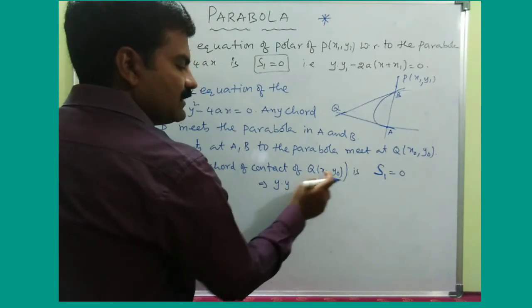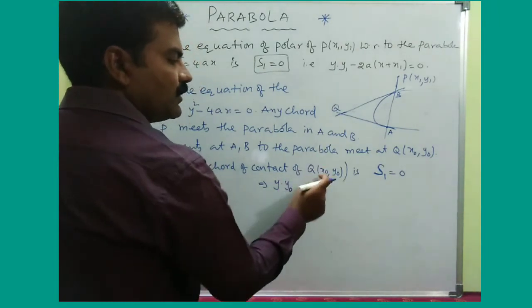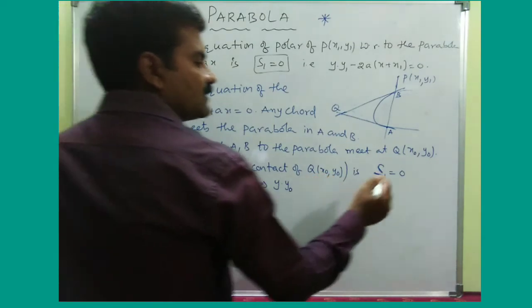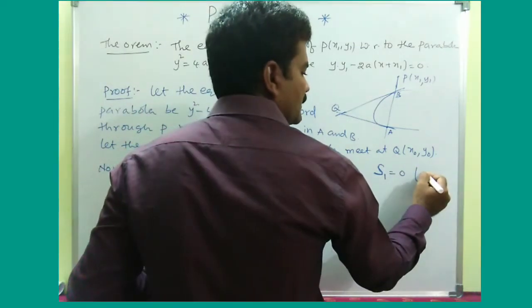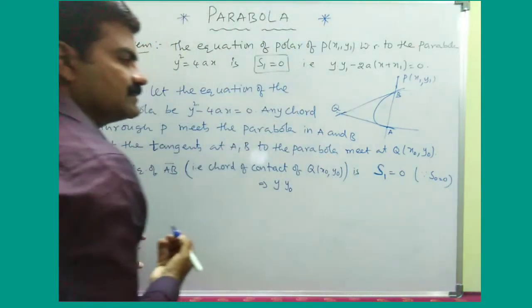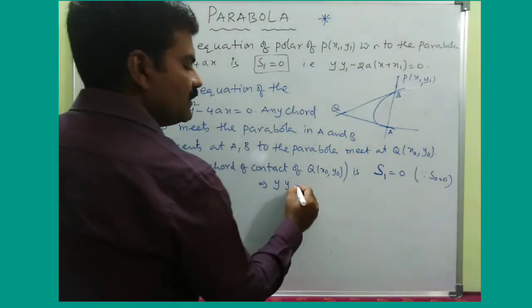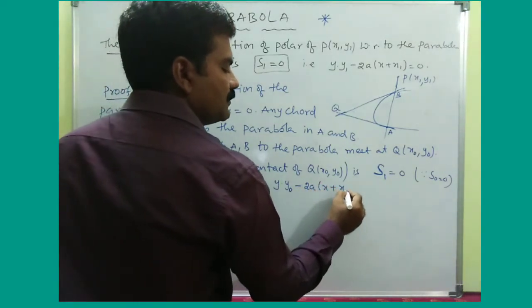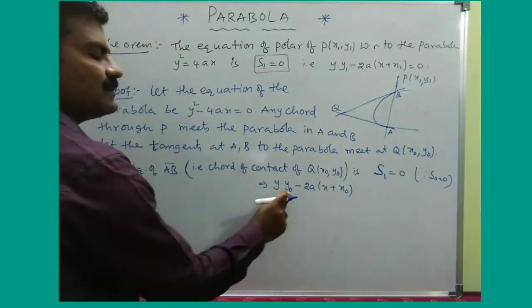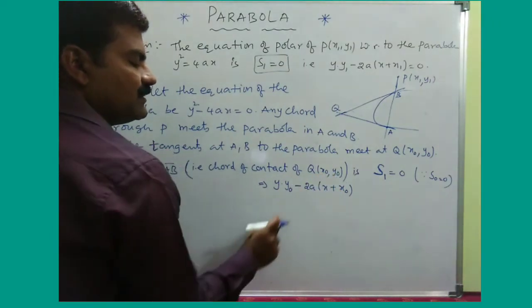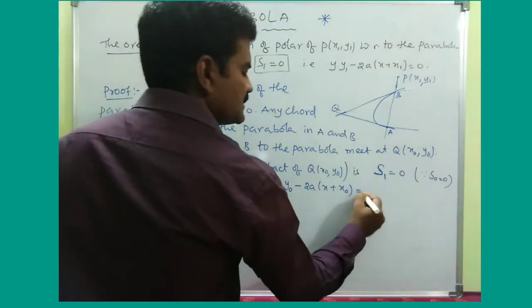But in the place of y1 we need to write y0, because the point is x0, y0. So S1 becomes y1 minus 2a into x plus x1, but the only change is that since we consider the point as x0, y0, please replace it, which is equal to 0.